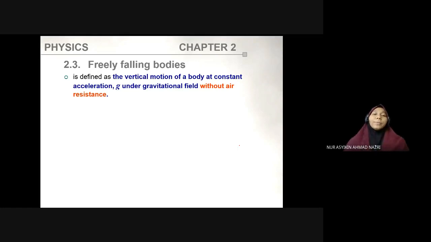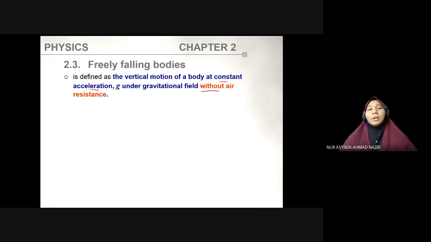Alright, so basically we define the free falling, okay, as the vertical motion of a body of constant acceleration under gravitational field without air resistance. Again, without air resistance sebab kita perlukan constant acceleration.